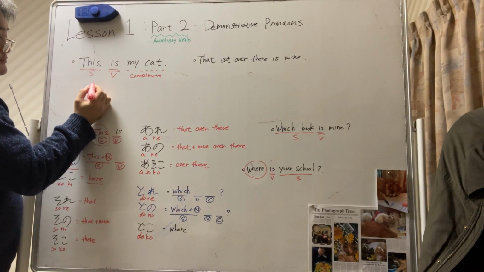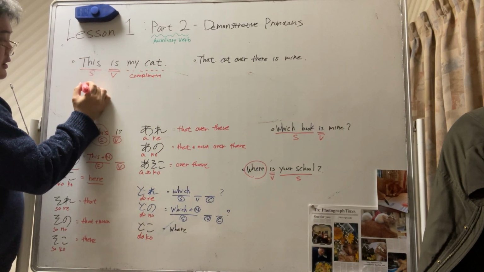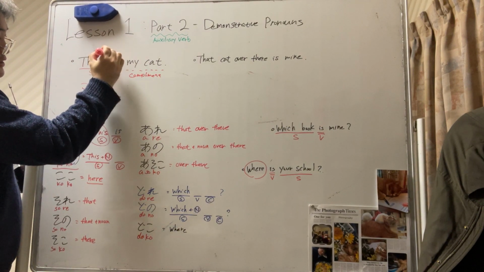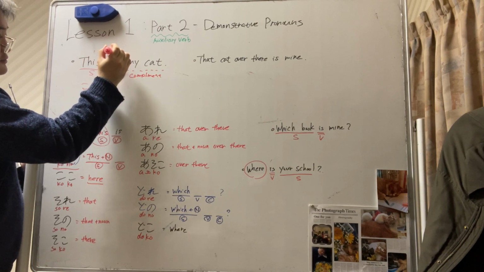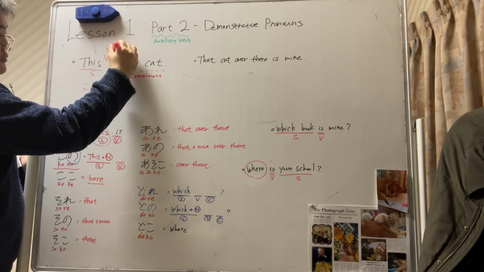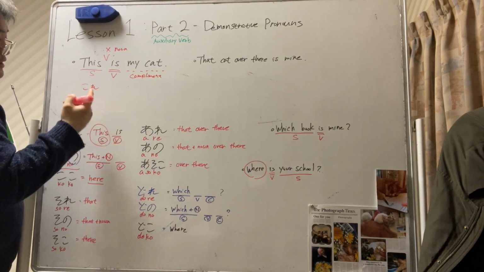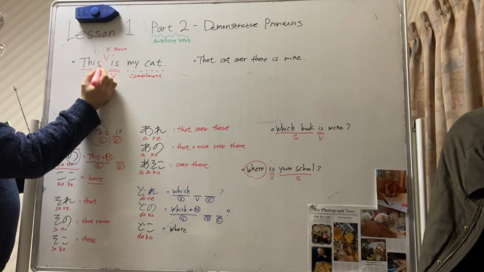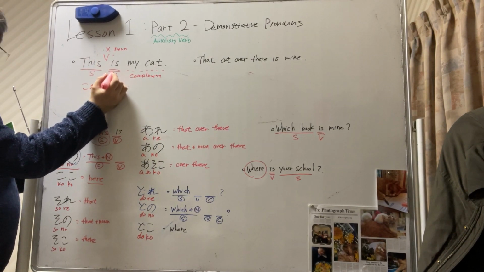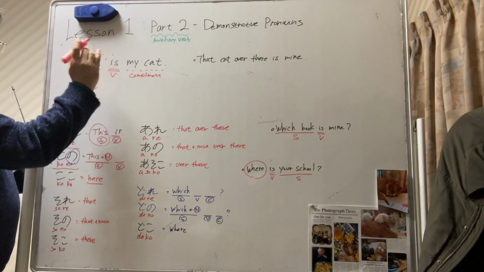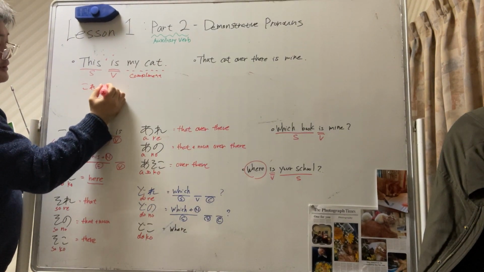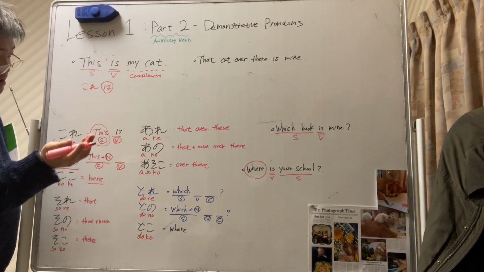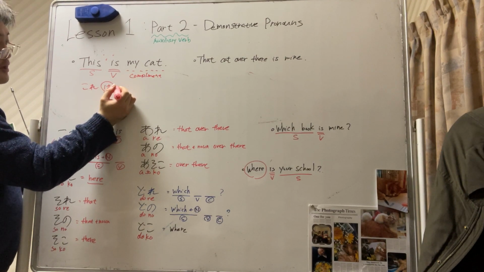So here the subject is kore, because there's no noun here. If there's a noun, then you need to use kono, but there's no noun. The verb is directly followed by the subject. So you use kore, and to mark the subject, you use the subject marker, kore wa.